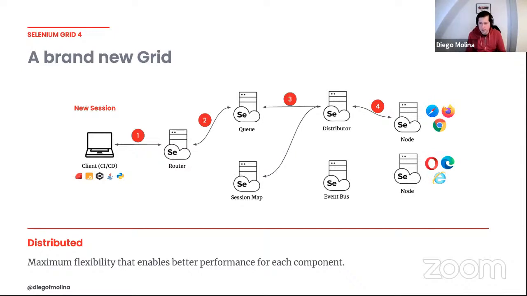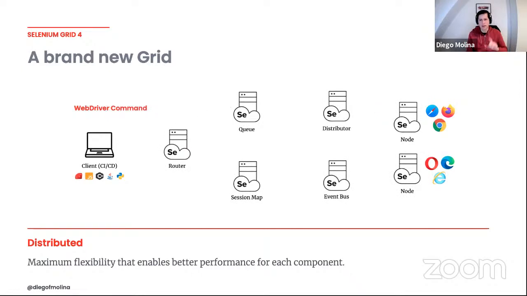because in the next step, I'm going to show you that when the session starts already, and then the next command will be, for example, load a website, then the client will send the command, the router will check first. Okay, this command is for a session that already exists.